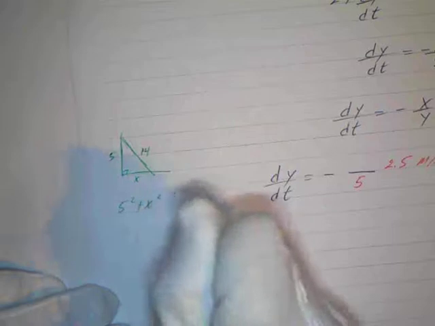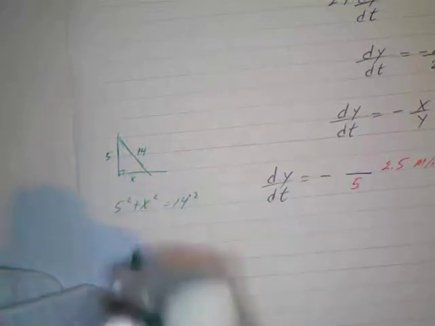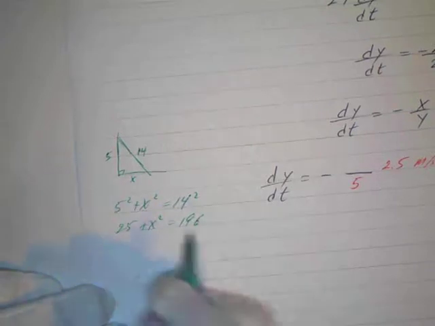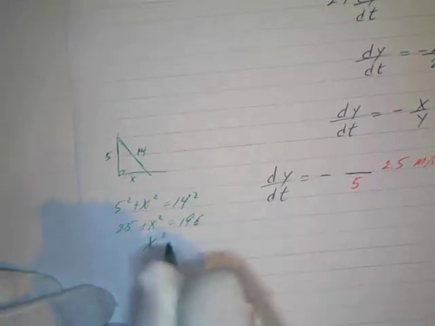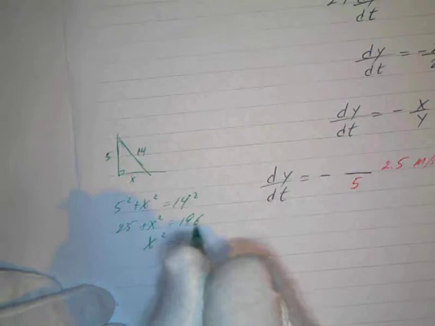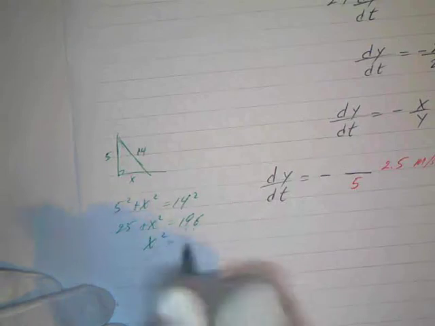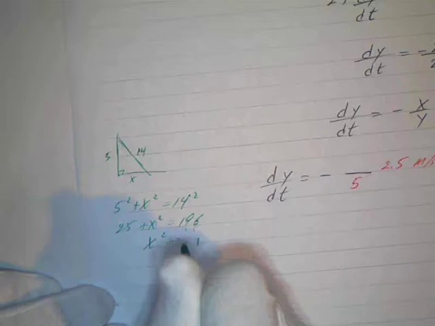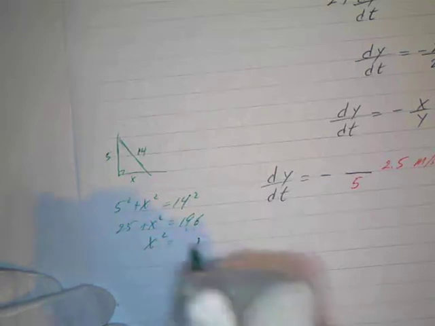So we know that 5 squared plus x squared equals 14 squared. This is 25 plus x squared equals 196. And if I subtract 25 from both sides, x squared equals 171. Yeah, this doesn't look like a very nice number, does it?